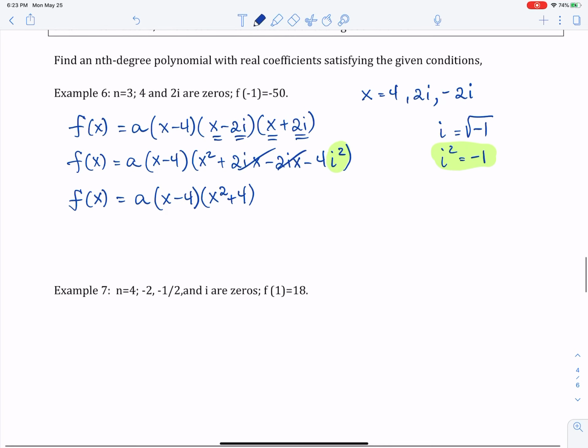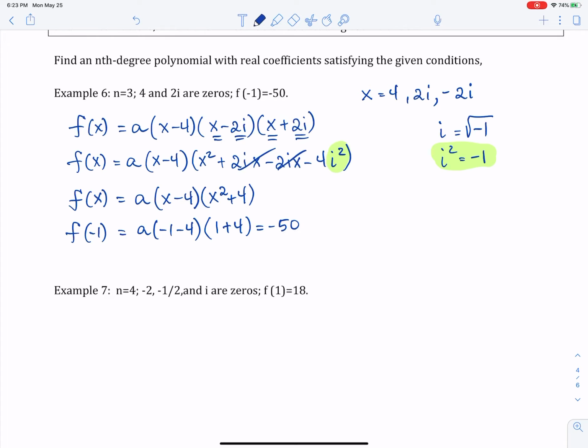Alright, something else is also given in the polynomial. It's given that if I plug in negative 1, the result is going to be negative 50. So I'm going to plug in negative 1 and see what happens. Negative 1 squared is 1, plus 4, and the result needs to be negative 50.